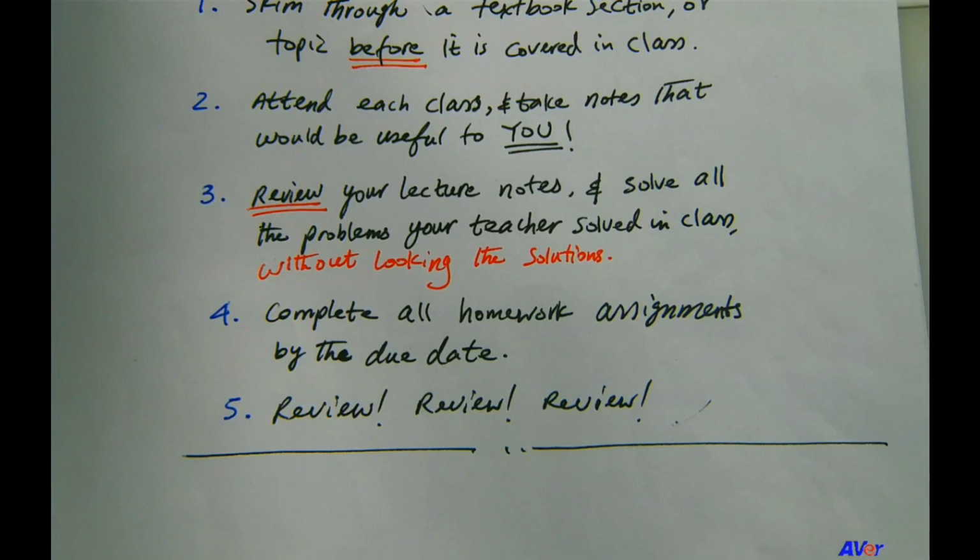And then, of course, complete all the homework assignments by the due date. The homework is mandatory in this course, so this guarantees that you get due credit for it. And of course, review the older material, because the nature of this subject is that it's a cumulative subject. So we build on the stuff we've learned before. We use the skills and the methodologies we've learned before.